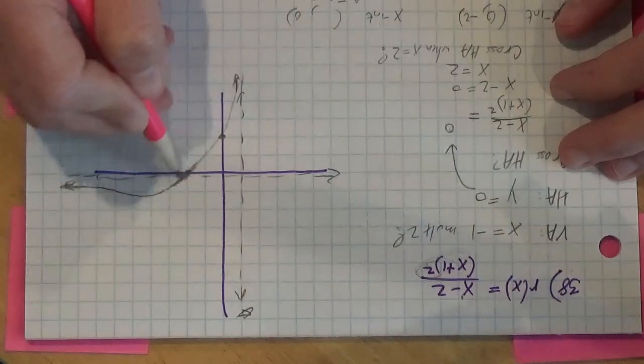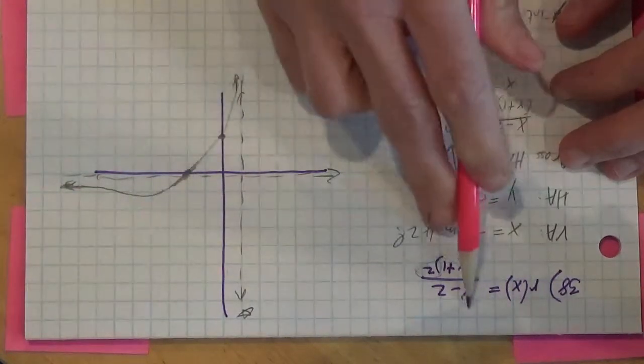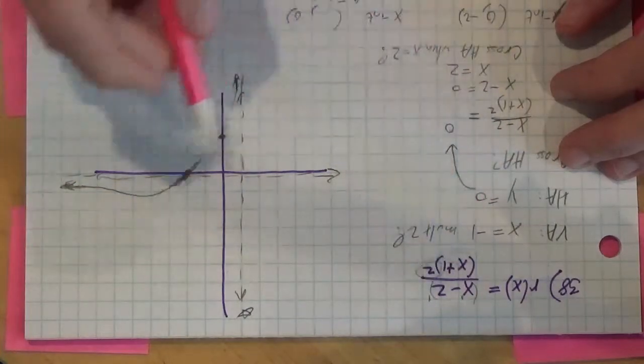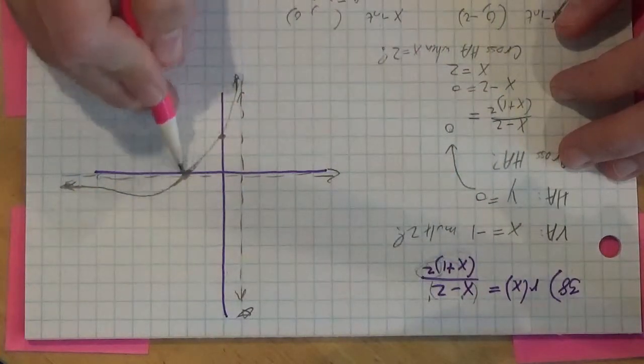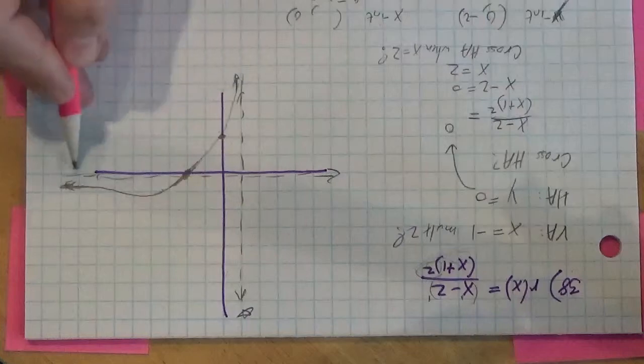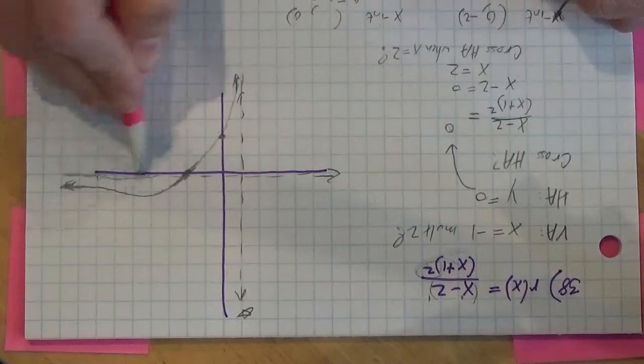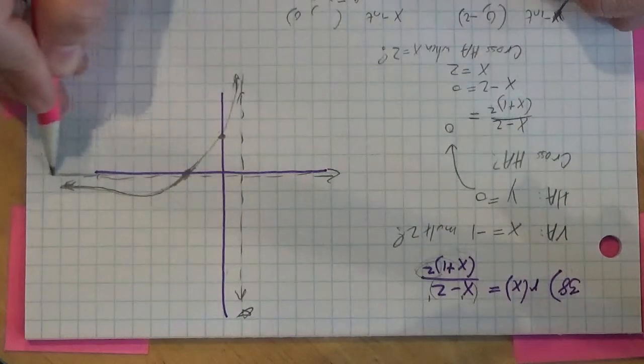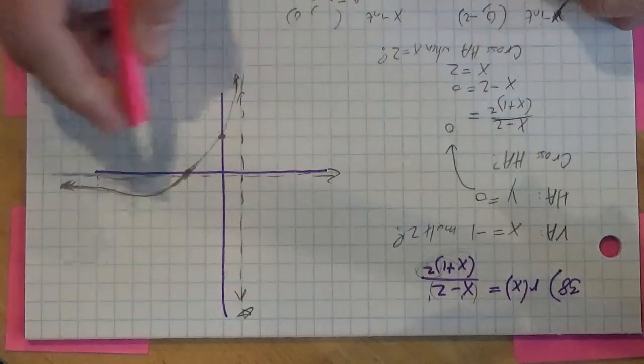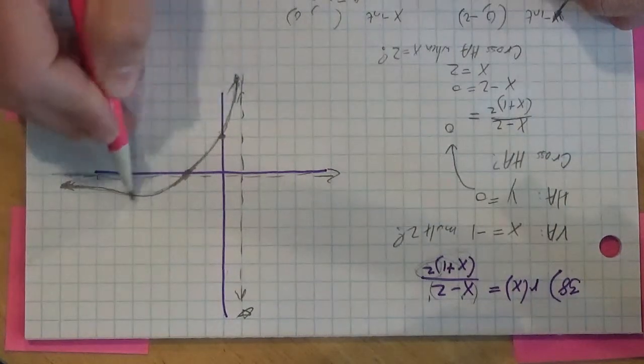And I know I crossed through because that x minus 2 came from something with the power of 1, so it's not going to jump back down. If it jumped back down, that would be problematic because eventually when x is infinity, I need to come back and hug the horizontal. So it's kind of funky over here, but that's okay.